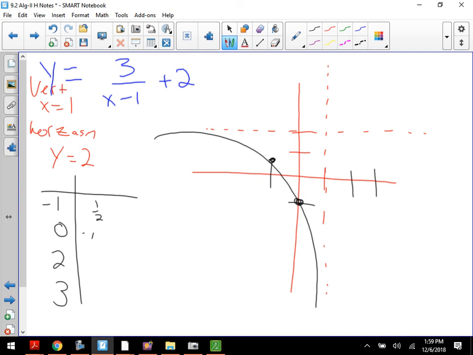What's 3 plus 2? I think you're right. Okay, now let's do 3 minus 1, 2. 3 divided by 2 is 1.5. 1.5 plus 2 is 4.5.